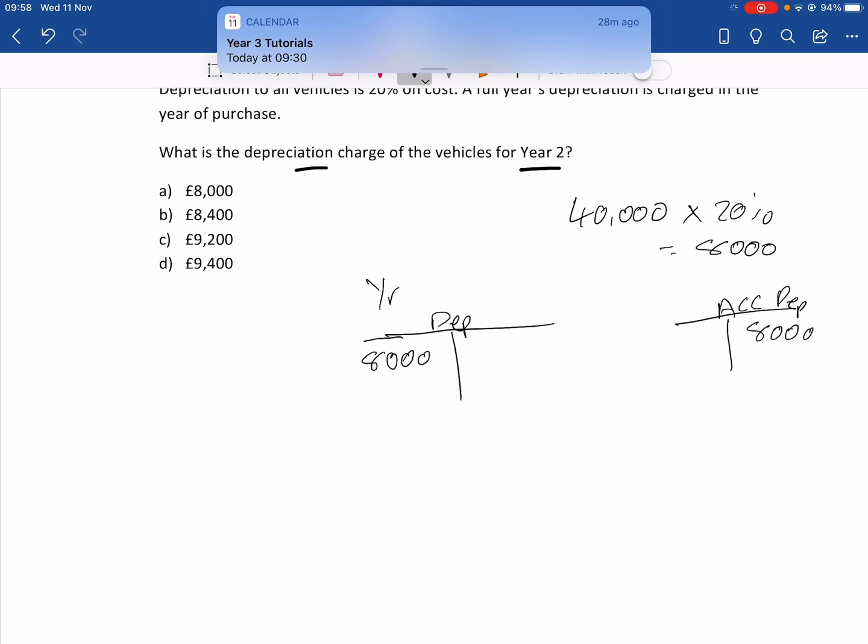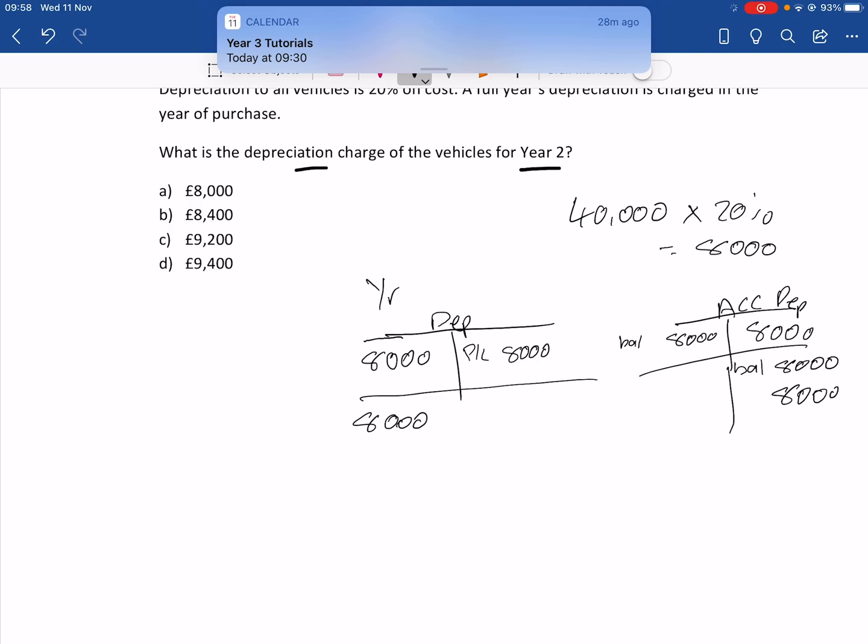That gets written off every year to the profit and loss account as an expense, and this gets carried down. So we go balance carried down 8,000, which at the start of the next year gives a balance brought down of 8,000. We then do the same again for year 2, which will be 8,000 again. So you've got £16,000 worth of cumulative depreciation, but the depreciation charge to the P&L is still £8,000.